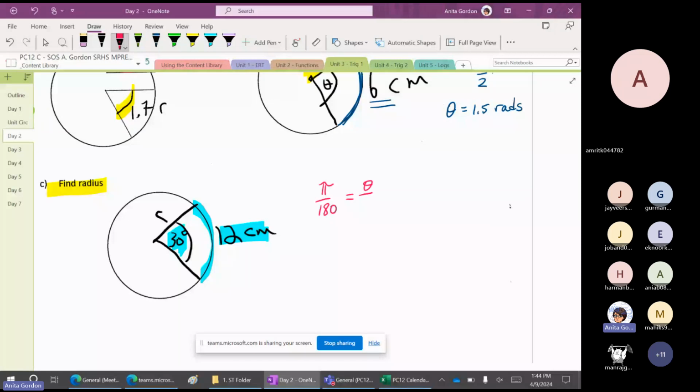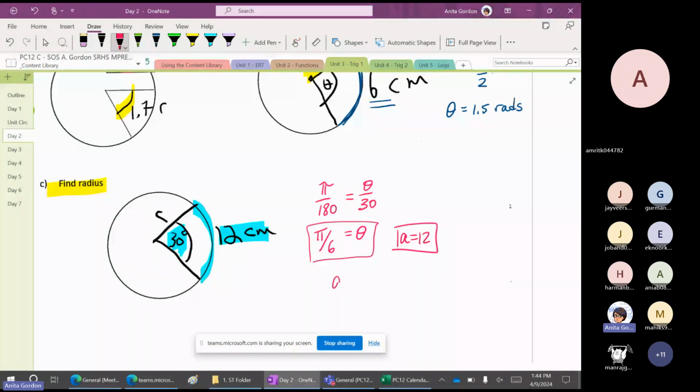Theta is pi by 6. We did this part on the previous page, right? So make sure your theta is in radians first. So now I know my theta is in radians, pi by 6, and I know that my A is 12.